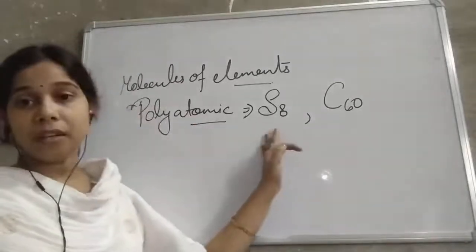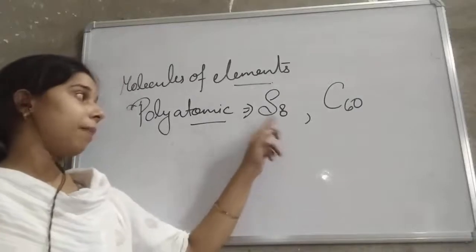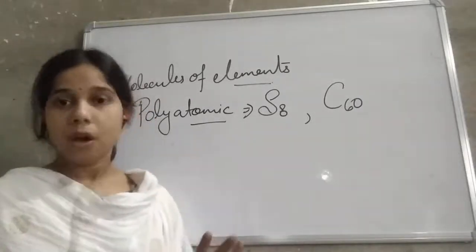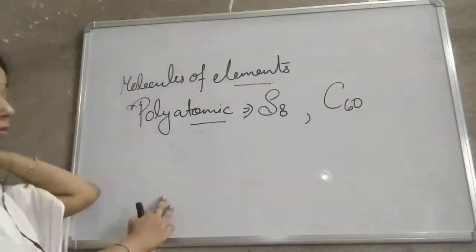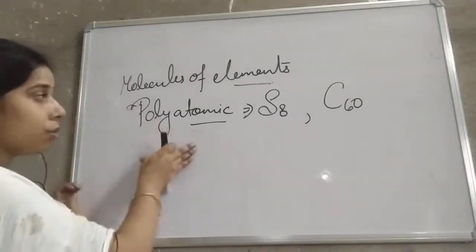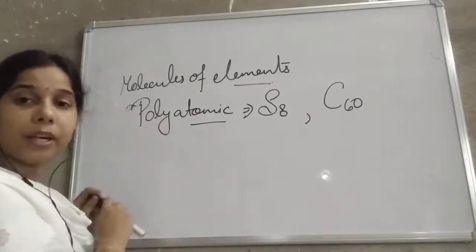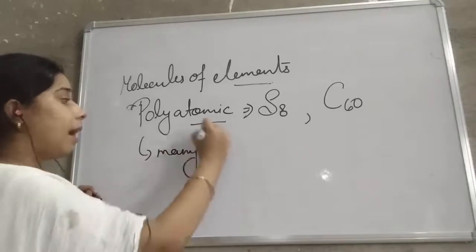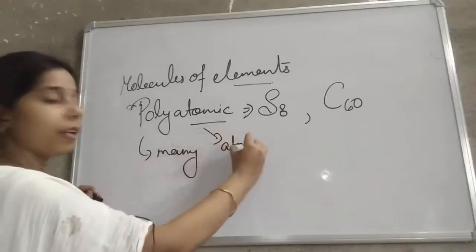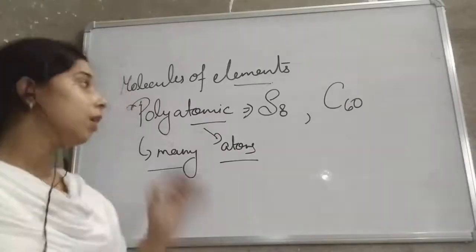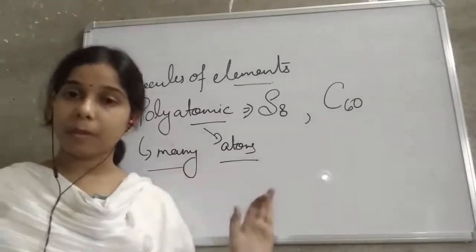And sulfur exists in nature by combining 8 atoms of sulfur together. Okay, so more than 4 atoms, we use the term polyatomic molecule. Poly means many. Atomic means atoms. So when many atoms combine together, they form the polyatomic molecule.